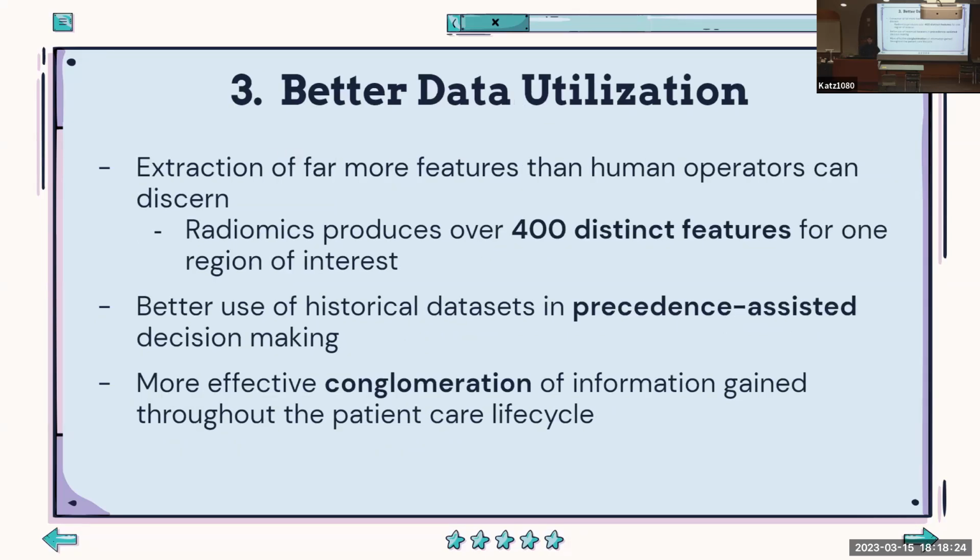Final issue that we run into in radiology is data utilization. So essentially, there's two aspects of this. The first one is that each modality of information contains so much more data in it than the human eye is able to discern. What this means is like when we take a picture, even a trained human eye is really only able to discern differences between areas that are a certain degree apart, right?